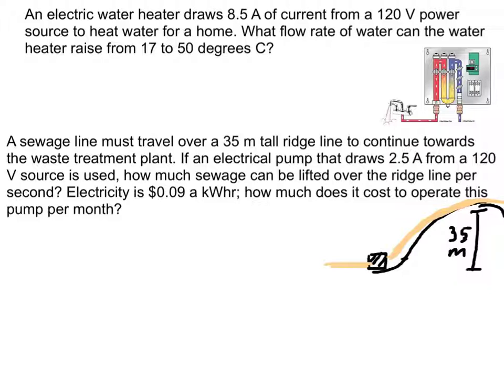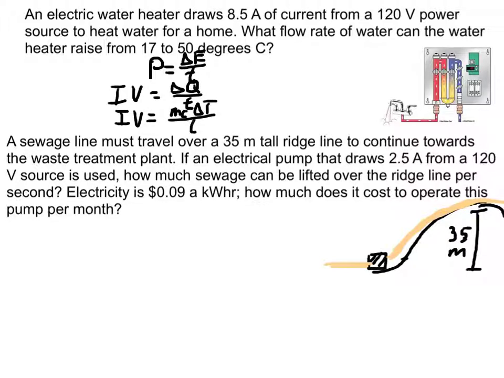But here's a problem, right, where I'm going to use my idea of power equals delta E over time, or work divided by time. It's just what's going in now is electrical power, so I can set up my left-hand side to be IV, and the energy, where this energy is going, is delta Q to heat water divided by time. And so now I can get IV equals MC delta T divided by time.